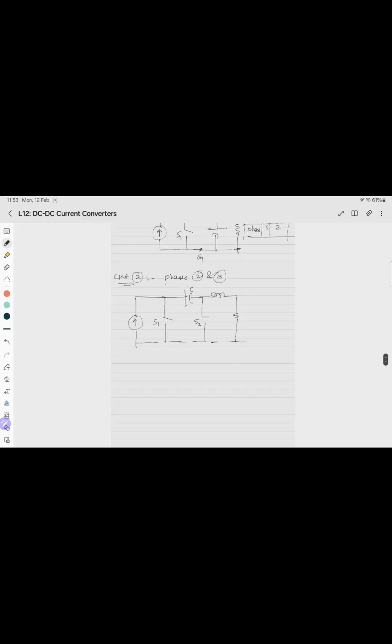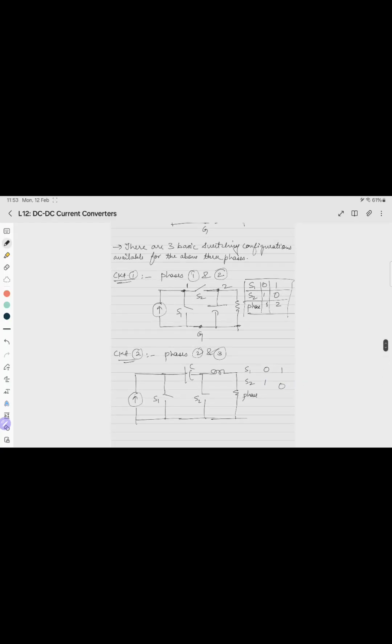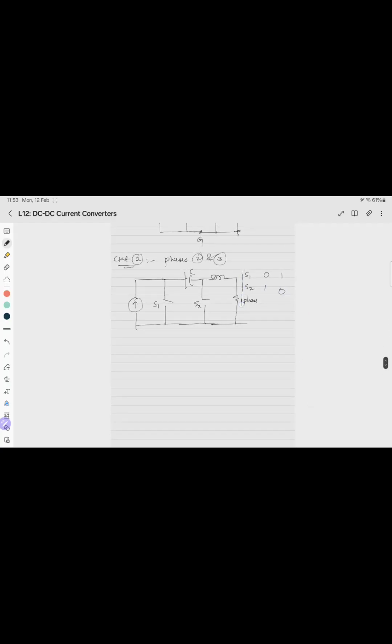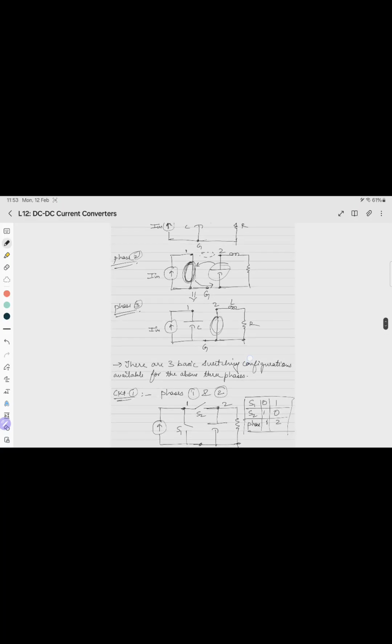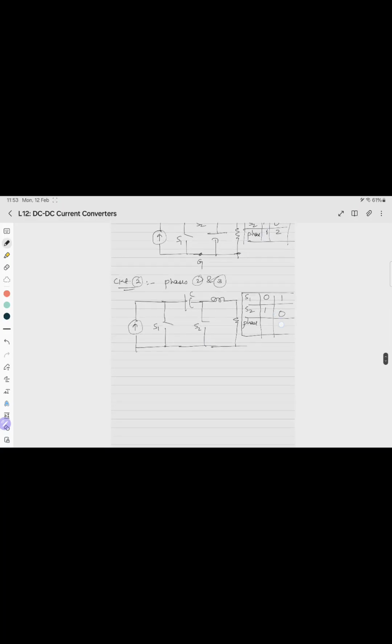So if I write S1, S2, 0 1 1 0, if S1 is 0, S2 is 1, which means that the capacitor is connected between 2 and G. So between 2 and G means it is phase 3, else it is phase 2. So this is how the second circuit configuration is derived.